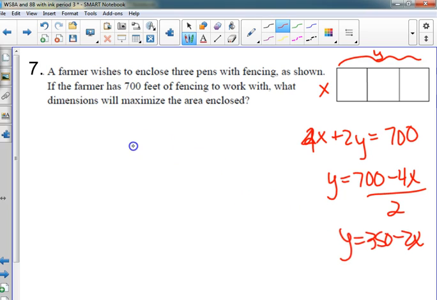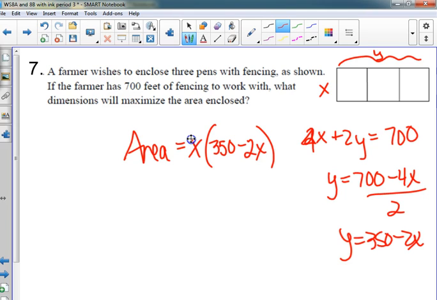So then the total area, guys, would be x times 350 minus 2x, and the whole world would have gotten so much better.